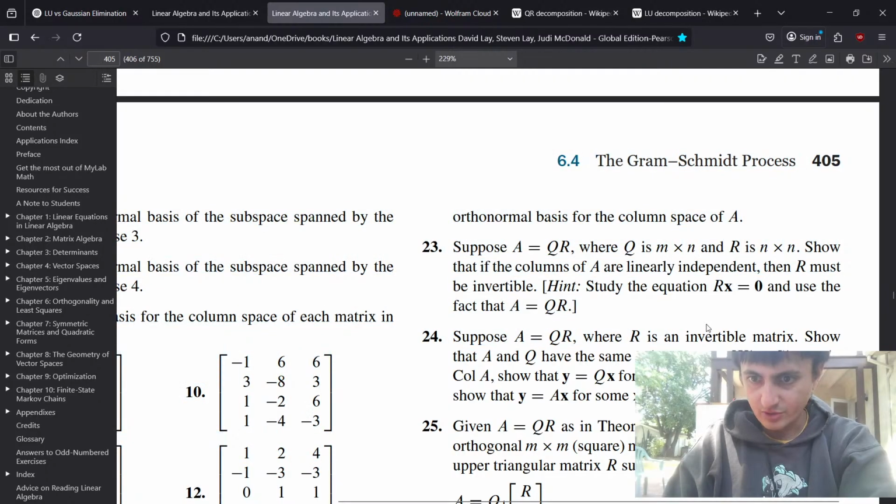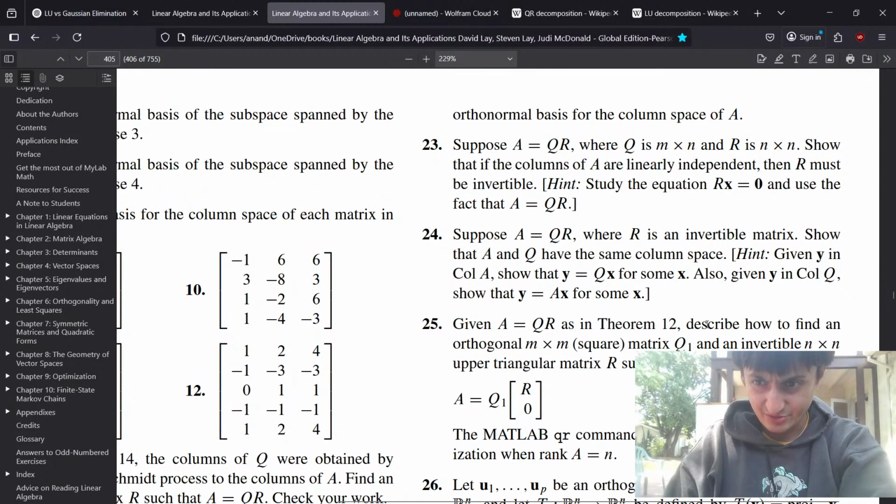So we assume R is invertible, and we want to say that A and Q have the same column space.